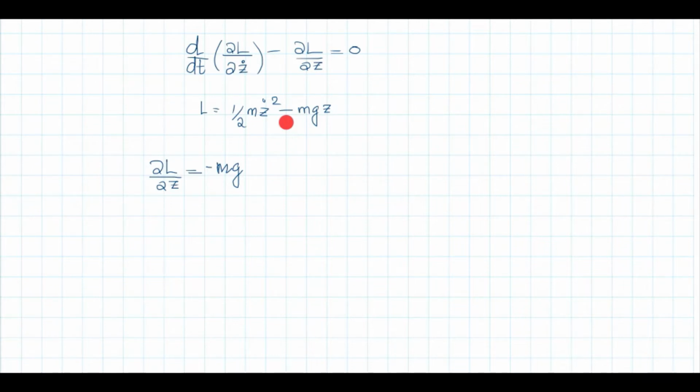Half m z dot square has no z, so its derivative will be 0. For minus mgz, minus mg is constant, and the derivative of z with respect to z is 1. What is dou L by dou z dot? It is half m into 2z dot. The last term will give you 0. So this is simply mz dot.